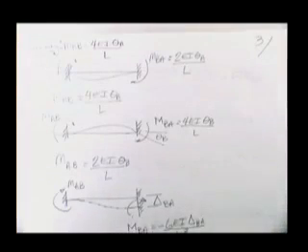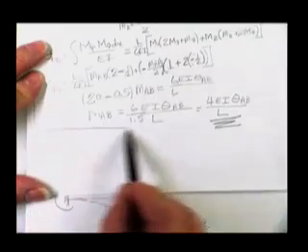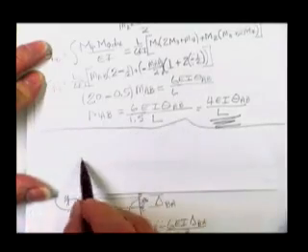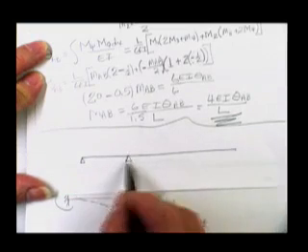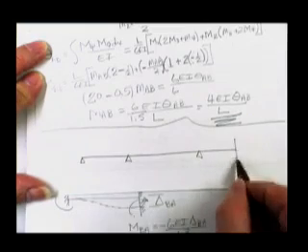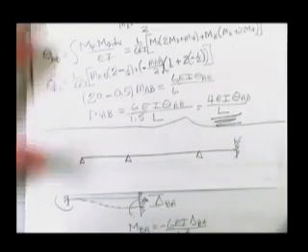All right, now let me show you a summary of all of the moments that happen whenever you twist a structure. For example, here you have a structure, and it is pinned, and it is pinned, and it is pinned, and maybe it is fixed.